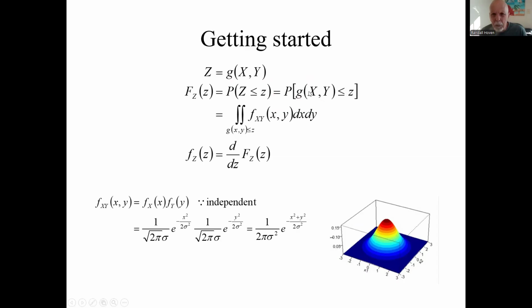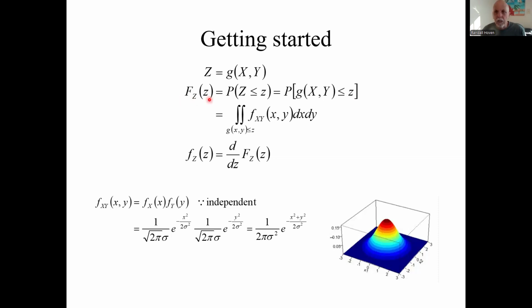How do you find the probability that some function of two random variables obeys some condition you give it? You integrate the joint probability density function of those two random variables over the region where the condition is true. Region of integration is the big idea.